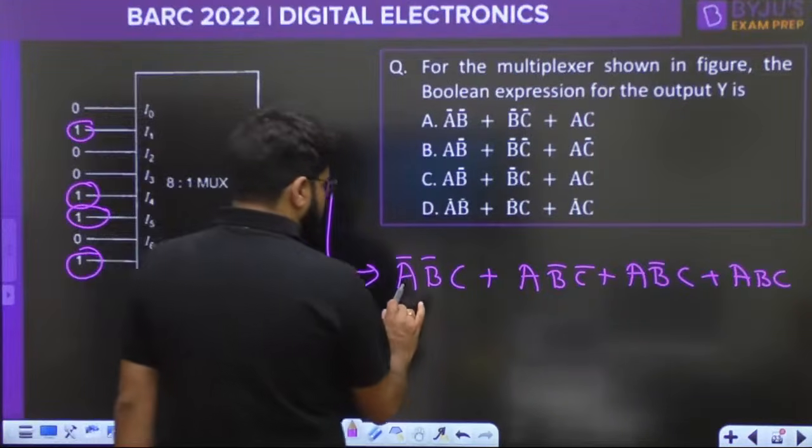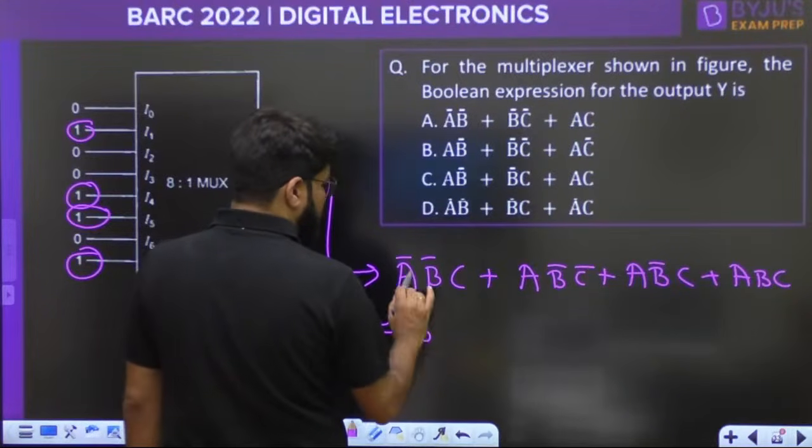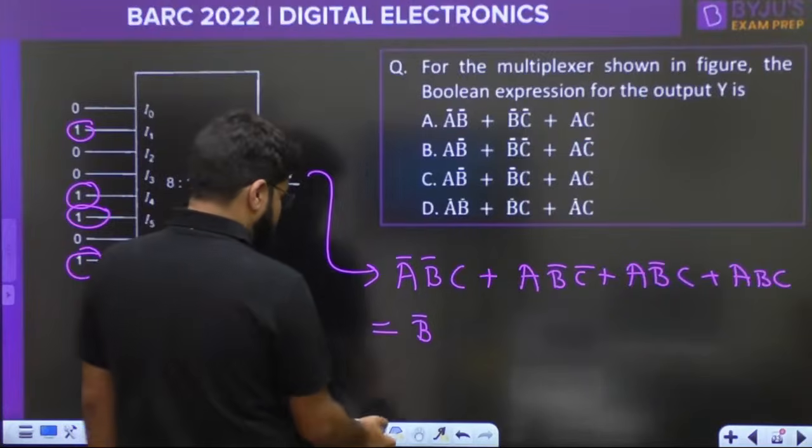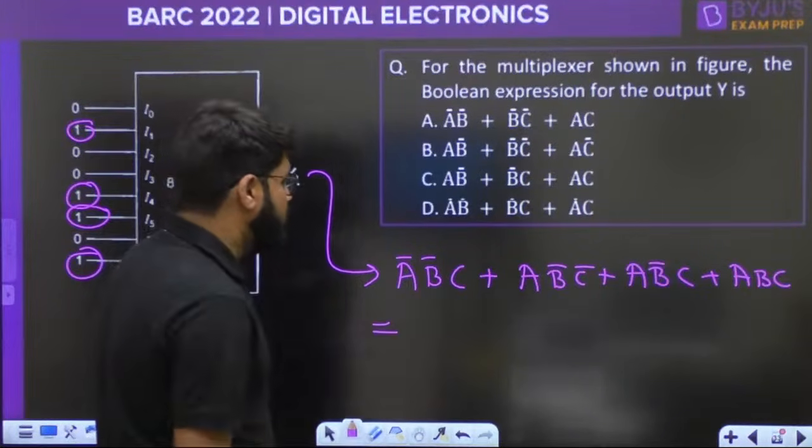So from the first two you can see what is the common variable. You can take B bar common, A bar C plus A C bar. No, we will not simplify this. Or you can feed it in the K-map also, whatever you feel like.